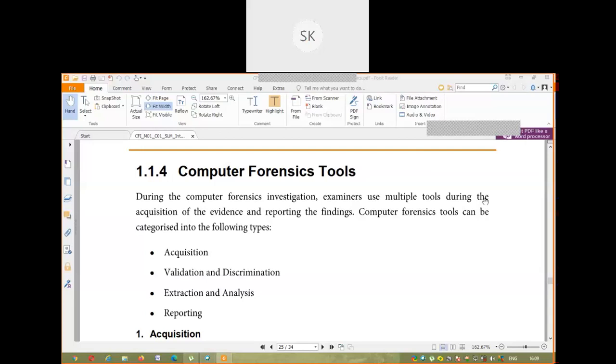There are four categories of computer forensic tools: acquisition, validation and discrimination, extraction and analyze, and at last reporting. You can see the screen, it will be fine.